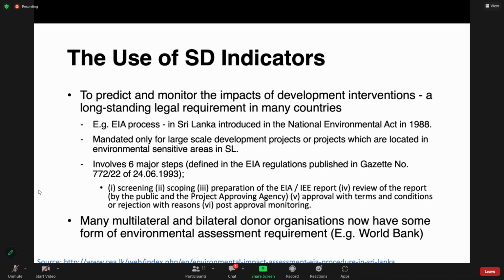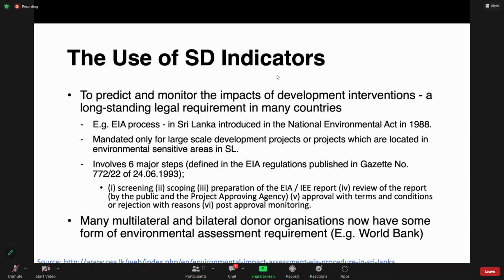But I think over here it's mandated only for large-scale development projects or projects which are located in environmentally sensitive areas. So there are certain steps that you have to follow in order to undertake an EIA process.